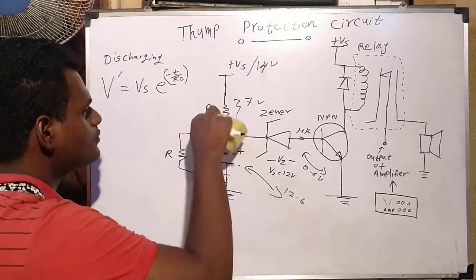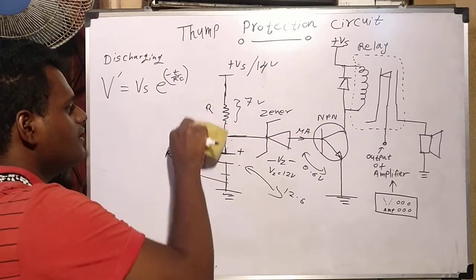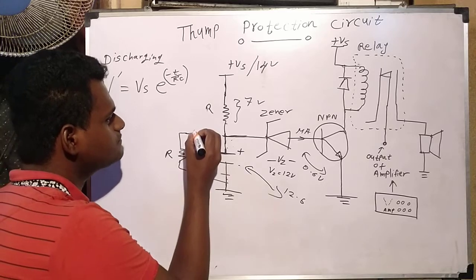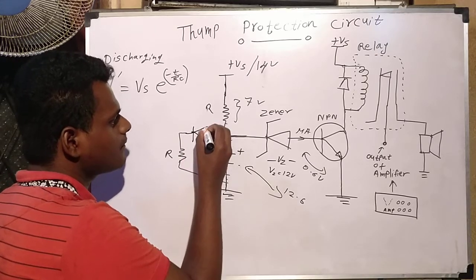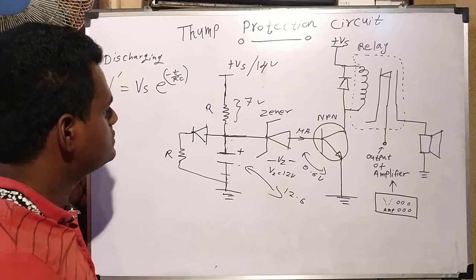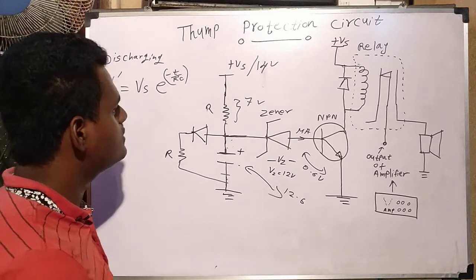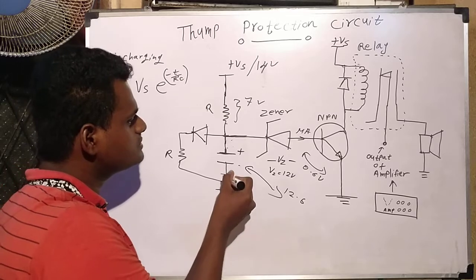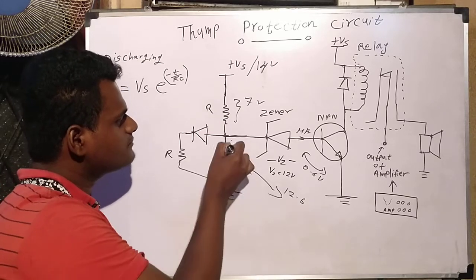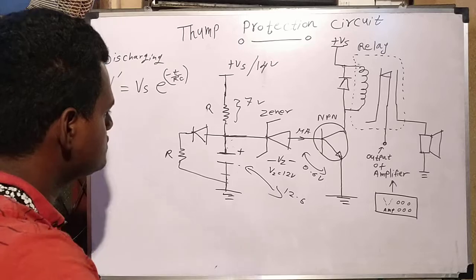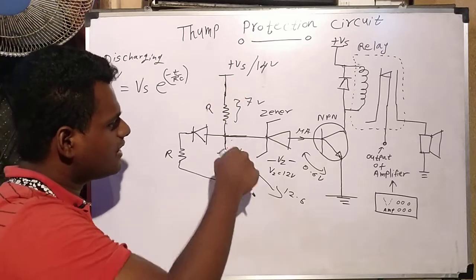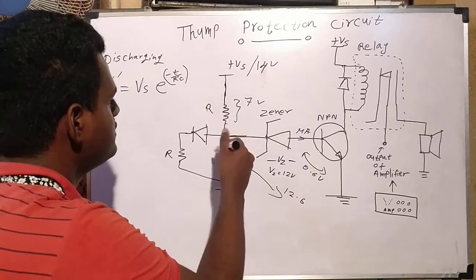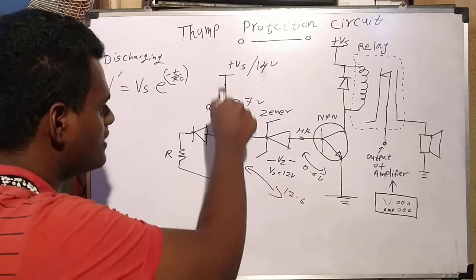What am I going to do? In here, I put a diode. What happens? If the current comes, it charges the capacitor very fast, pulling current into the capacitor.